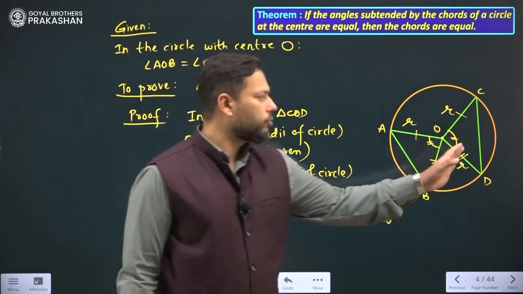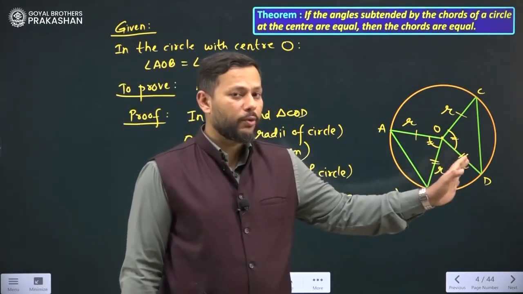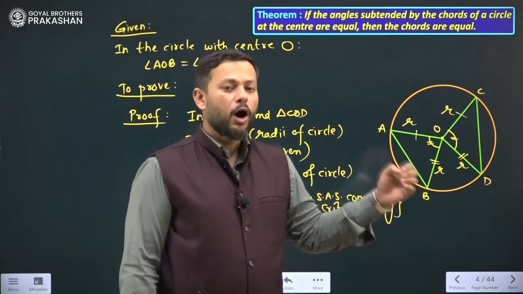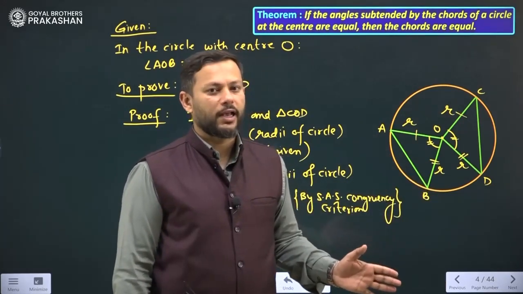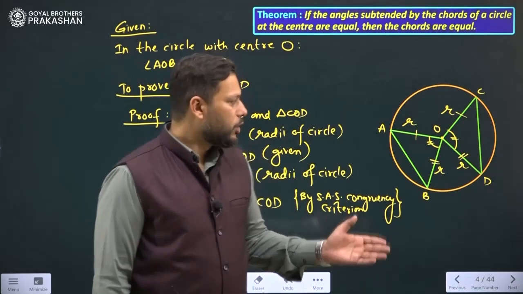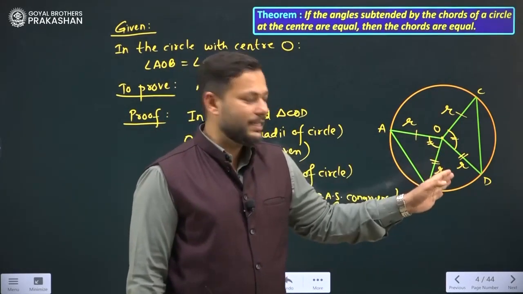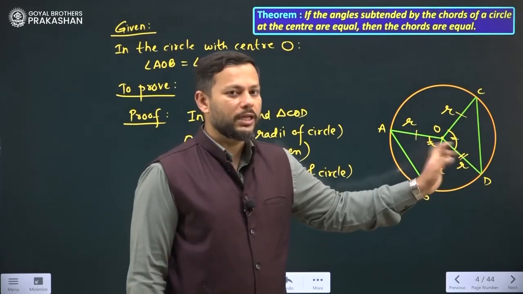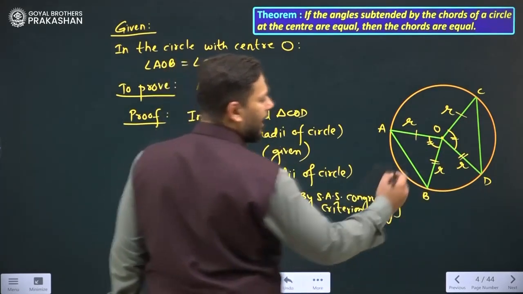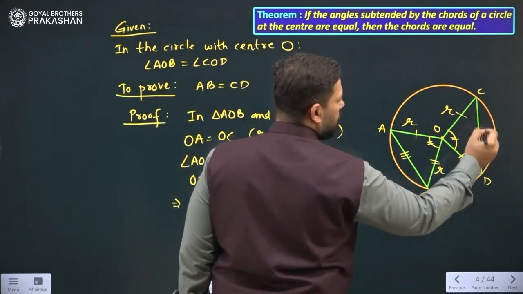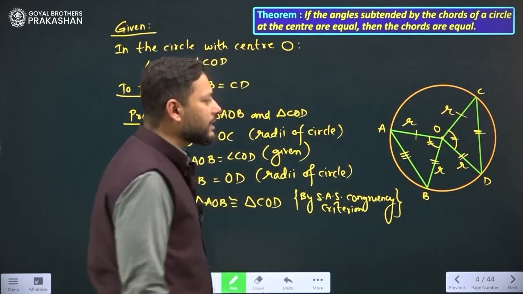Since now these two triangles are equal or congruent to each other, we know that when we get any two triangles to be congruent, all the corresponding parts of that triangle become equal to each other. So we are given two sides of the triangle equal to the other two sides and an angle equal to the other angle. So the only remaining side is this one, AB. It must be equal to the third remaining side of the other triangle, CD, right?